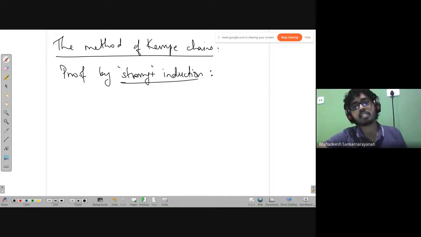Then under this hypothesis, you prove that it is also true for n plus 1. Whereas in usual induction, you just assume the truth of the statement at n and prove it at n plus 1. Here you assume the truth for everything less than or equal to n, and then prove it at n plus 1. That is why it's strong induction.